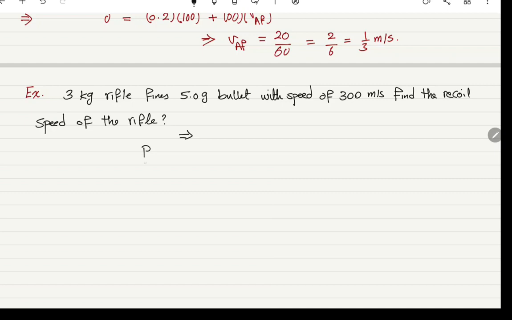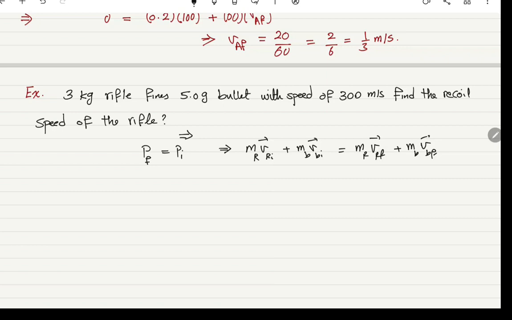So momentum is conserved. So P final equals P initial, or in other words, M rifle V rifle initial plus M bullet V bullet initial equals M rifle V rifle final plus M bullet V bullet final.